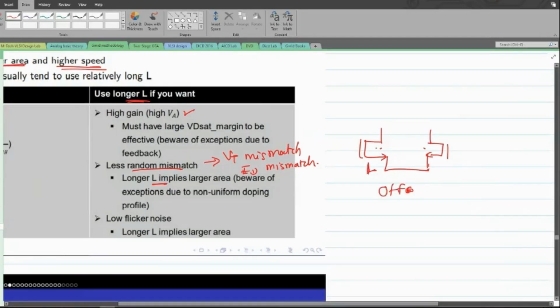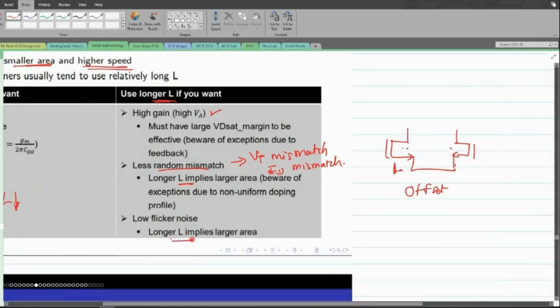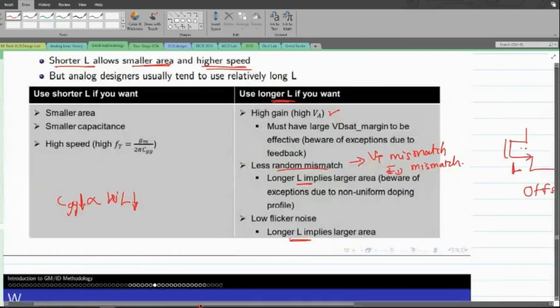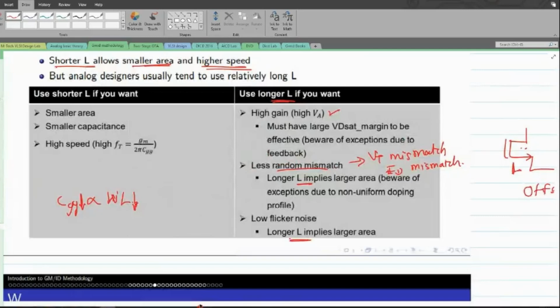You end up having a large offset voltage at the input. Depending on the situation, I have to pick a particular choice for the channel length. Also, if you look carefully, the flicker noise will also be stepped down whenever we deal with a larger channel length.